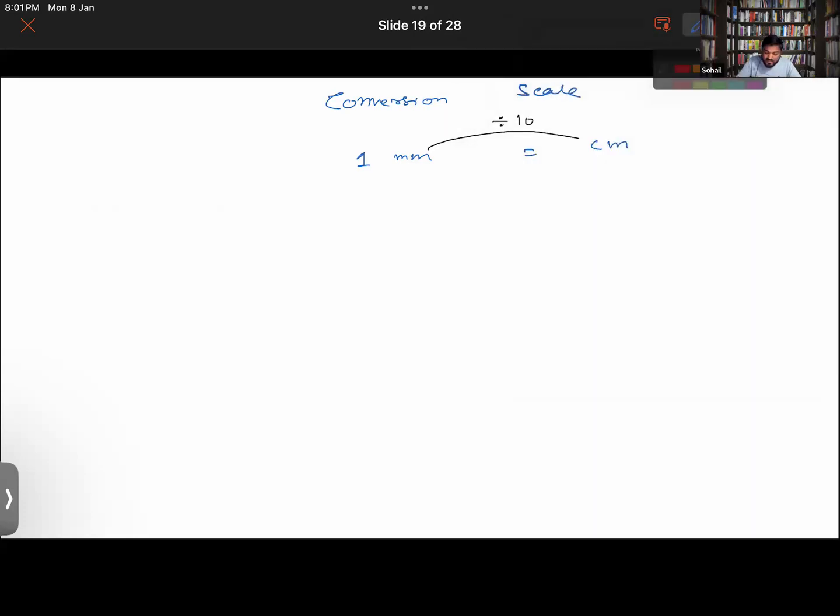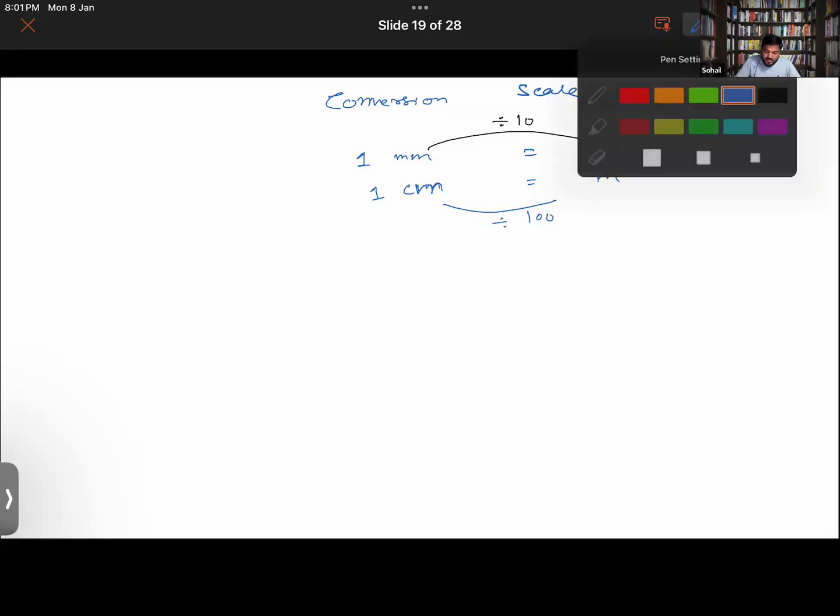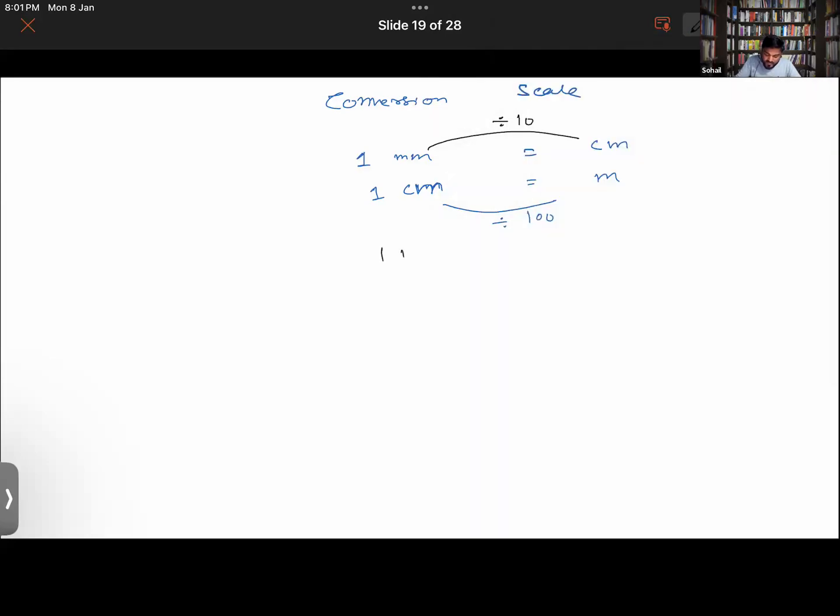Then talking about conversion of centimeter to meter, again you would be dividing by 100. Then again, from meter to kilometer, you have to divide by 1000. So these are simple things.